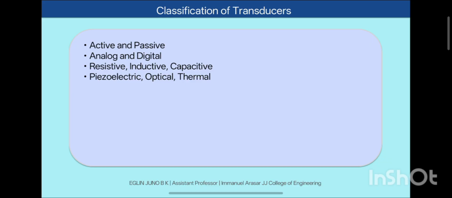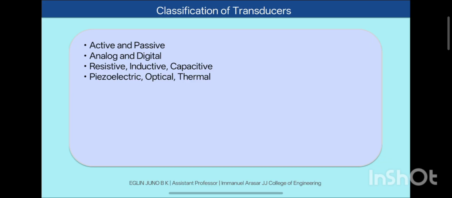A digital transducer produces discrete values, usually in binary form. These are commonly used in modern medical equipment because digital signals are easier to process, store and transmit.